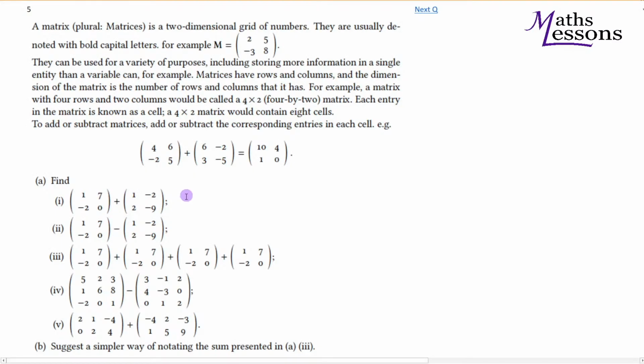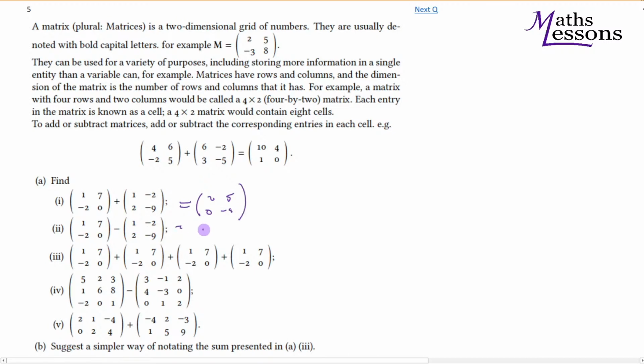Right, so adding up this matrix, let's just do it next to it here. So we get 1 plus 1 is 2, 7 minus 2 is going to be 5, minus 2 plus 2 is 0, 0 minus 9 is minus 9.